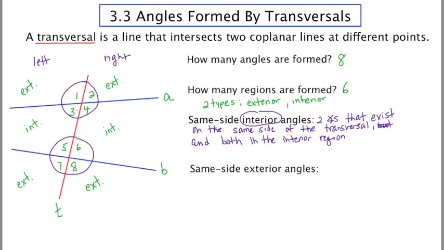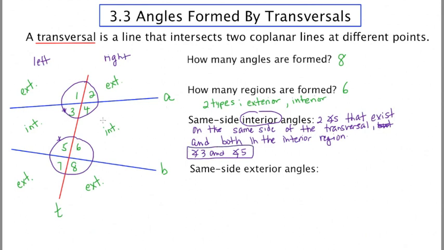So let's take angle 3. 3 is in the interior. So if I pick angle 3, and I'll put a little star by this, and I need another interior angle on the same side from this cluster, there's really only one option, and that's going to be angle 5. So angle 3 and angle 5 are same side interior angles. But there's another pair.